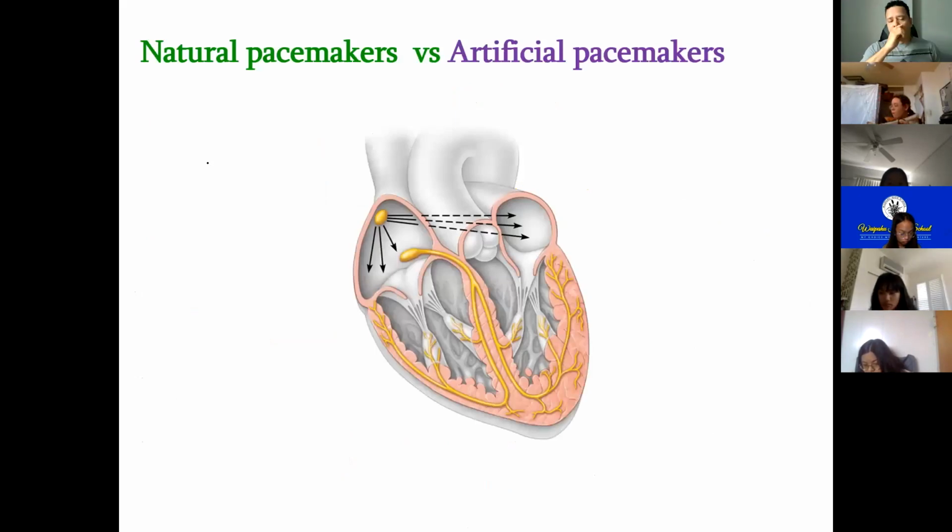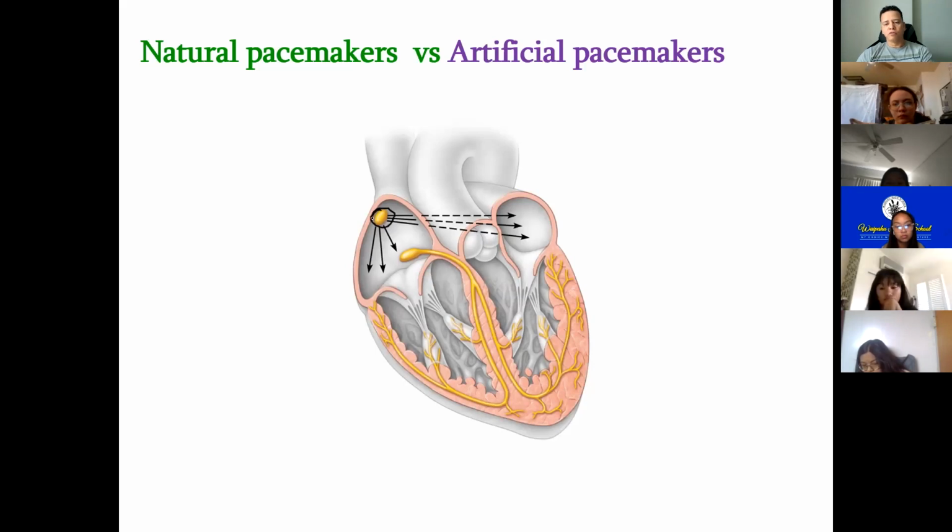Let's look now at some of these fibers and the way in which the electrical impulse that allows the heart to contract spreads throughout the heart and allows for the cardiac cycle. I mentioned that right here inside the right atrium, we have a group of cells.